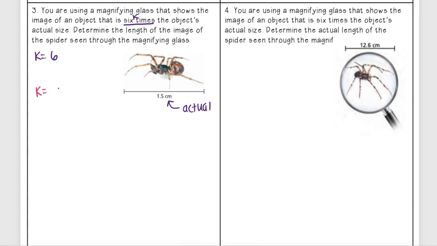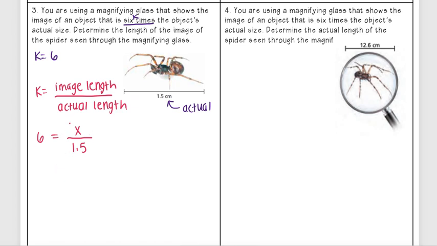So again, this is K is equal to image length over actual length. So my K is equal to 6. My image length, I don't know it, so I'm going to go ahead and label that as X. But I know my actual length is 1.5.